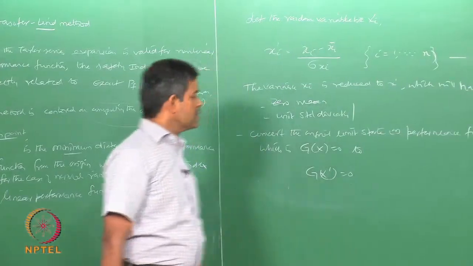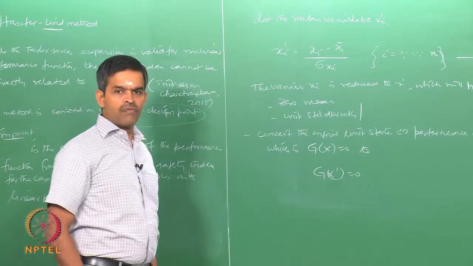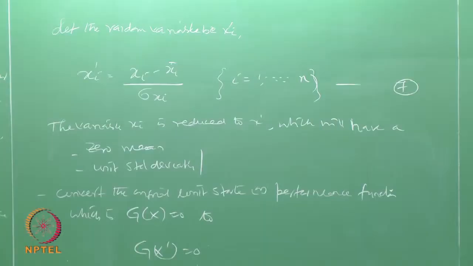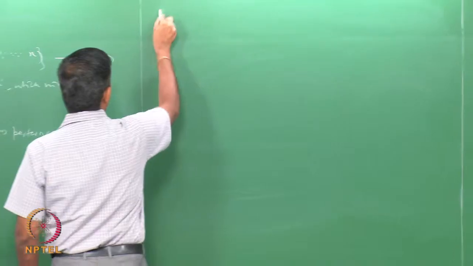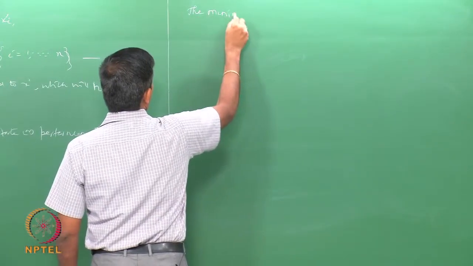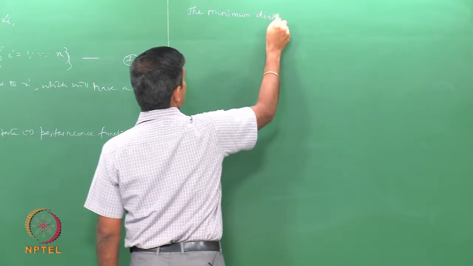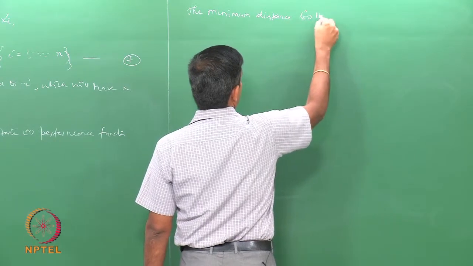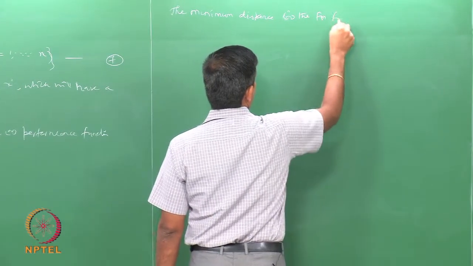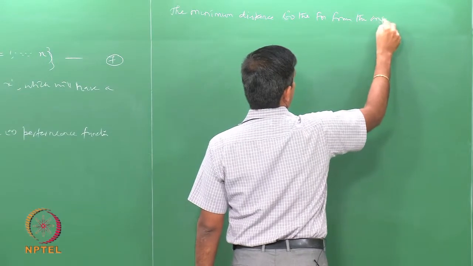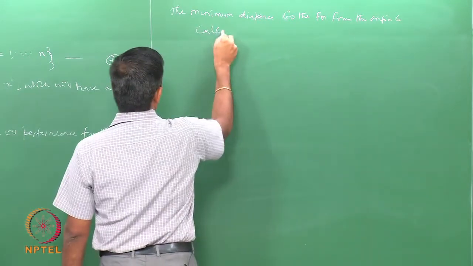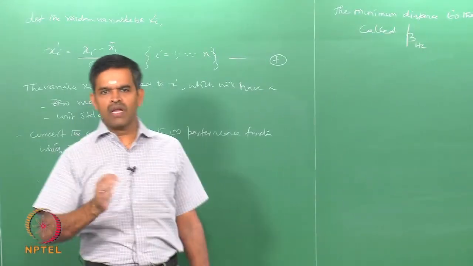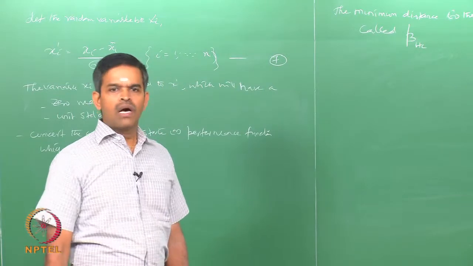Now, the minimum distance to this function from the origin is named as beta HL. Beta stands for the safety or reliability index and HL stands for Haushofer-Lind.